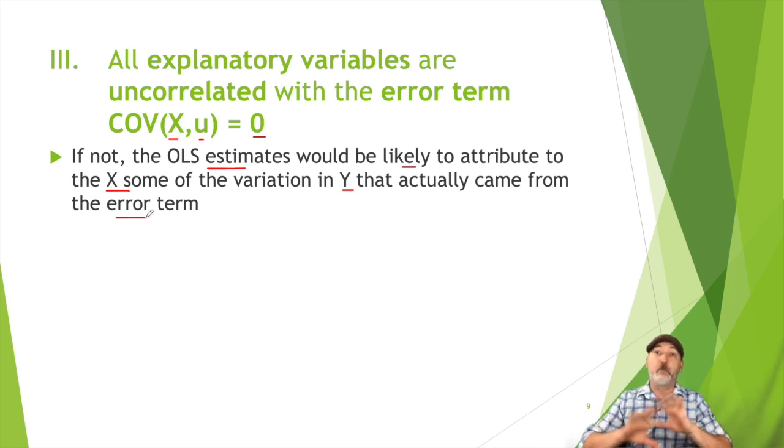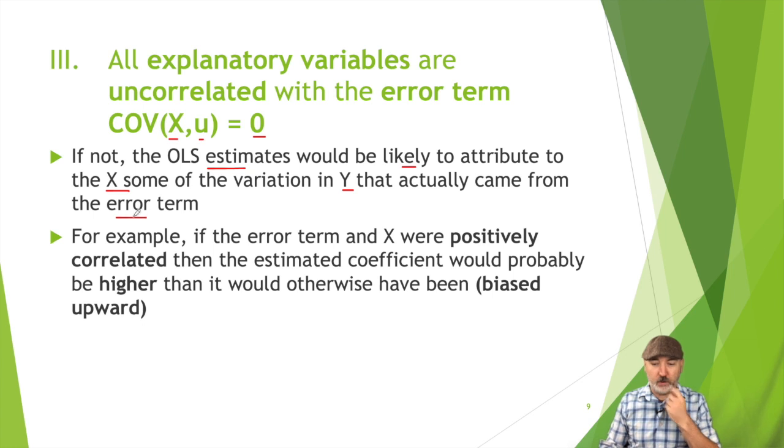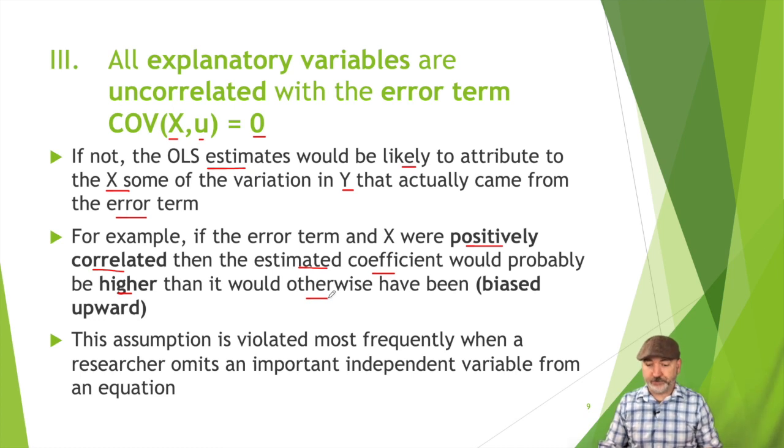Again, much more on this later on, but just to think through an example, if the error term and the x variable were positively correlated, then the estimated coefficient, the b1 hat, would be higher than it would otherwise. It will be biased upward.